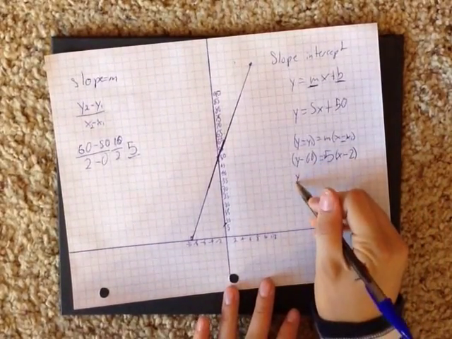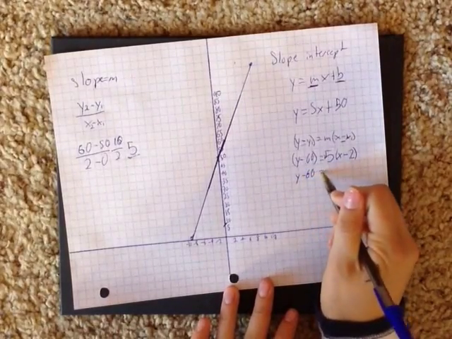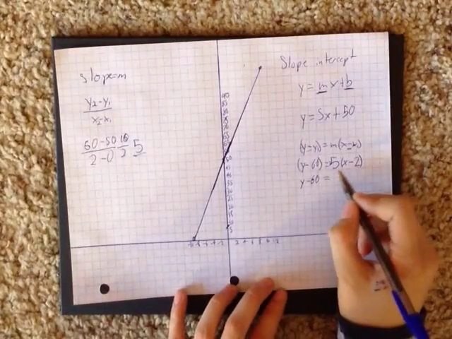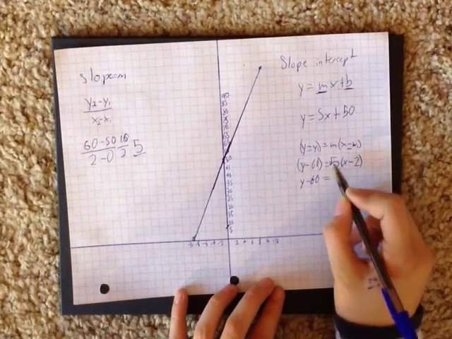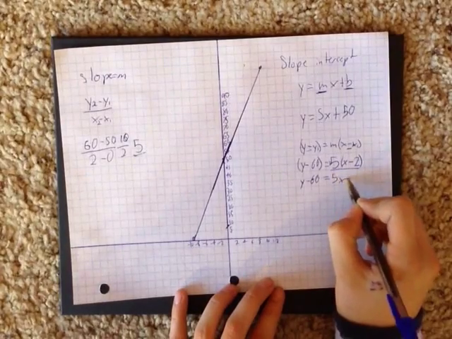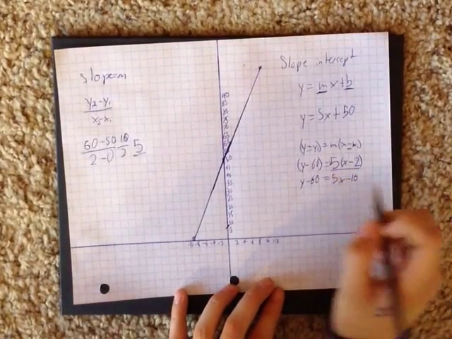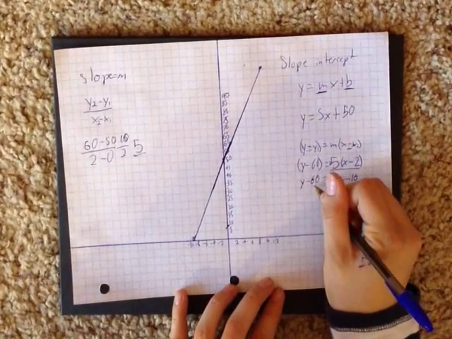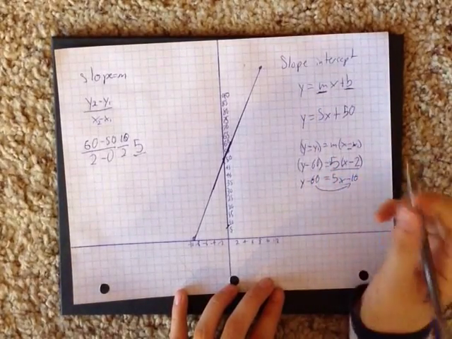So, it's going to be y minus 60 equals, and we're going to use the distributive property to solve this and simplify it. So, it's going to be 5x minus 10. In order to find slope-intercept form, remember it's just y by itself, so we want to move the 60 over here.